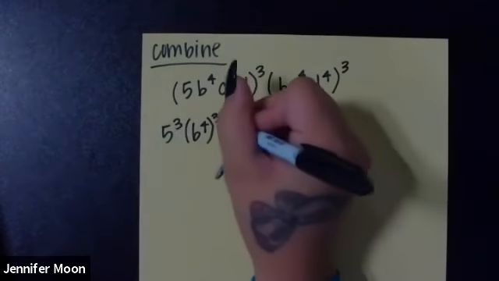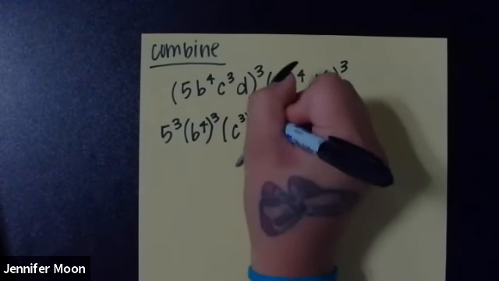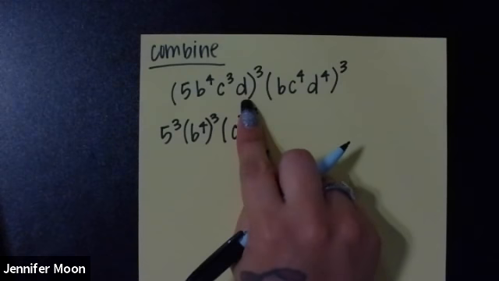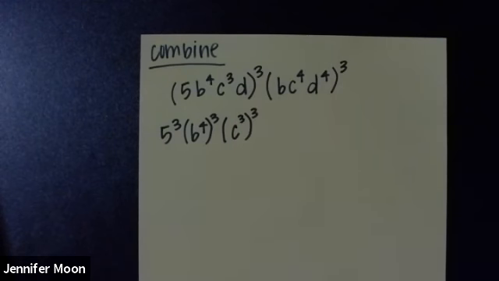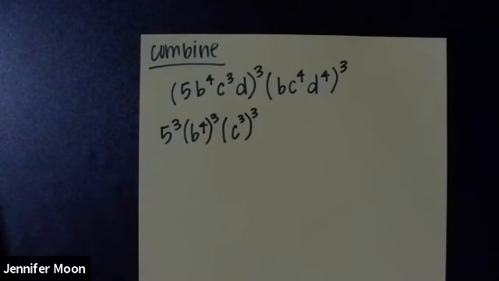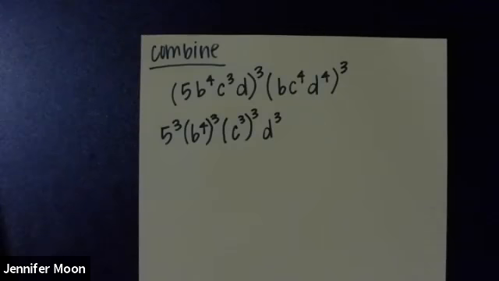And now do your parenthesis c cubed, close, cube it again. Is my d being raised to a power right now? I mean, technically it's a 1, but there's not anything else, not a 2 or 3 or 4. So this one, you could just go ahead and do d cubed. If you wanted to do parentheses, you can. Just when you write it the other time, you'll notice it's just d cubed.